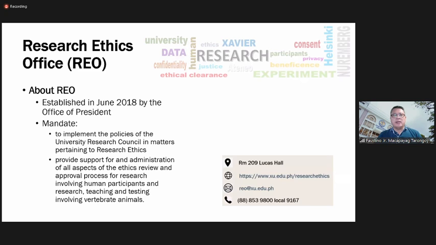And the REO will be responsible for those guidelines pertaining to research ethics. And then, of course, the office will need to provide support and administration, especially in carrying out the tasks related to ethics review, particularly the review and approval process for all research in the university.